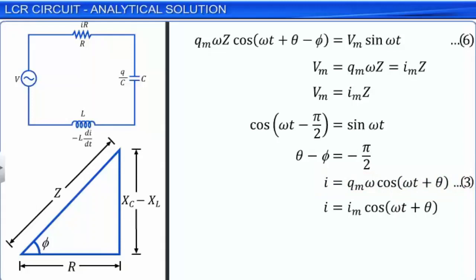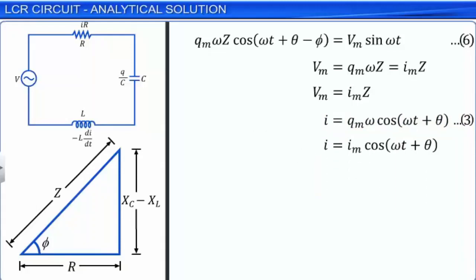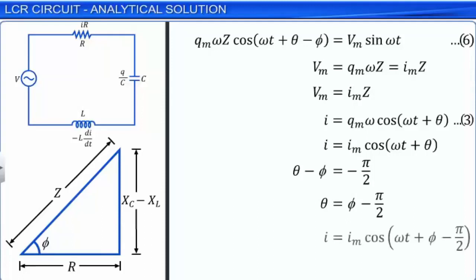We can simplify the above equation as I equal to Im cos(omega t plus phi minus pi by 2). Thus, we have the instantaneous current in an LCR circuit, I is equal to maximum current in the circuit, Im into sin(omega t plus phi).